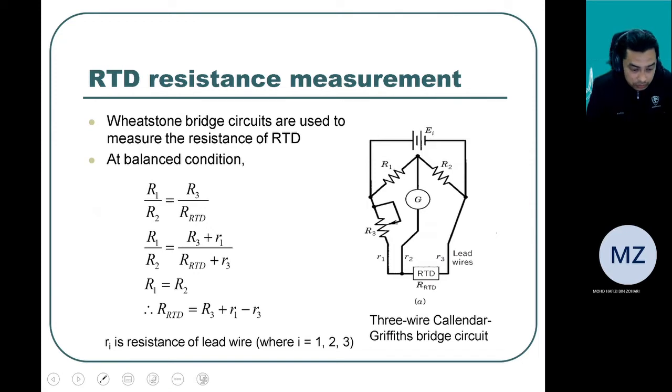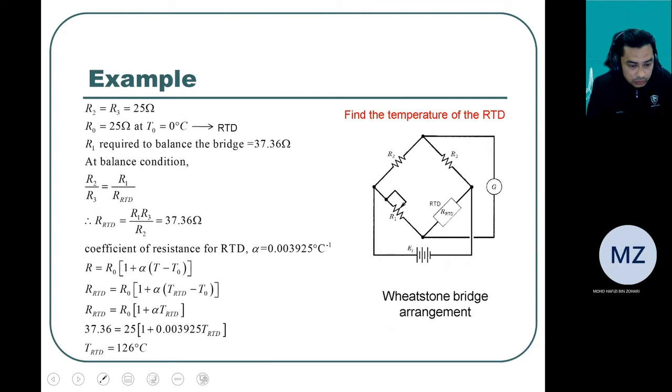So now this is actually how RTD is being measured. So we look at the example. Again, if you look at this circuit here, now try to put a G outside. Same, if you can put this here inside here. Same lah. This is a creative way to confuse you.